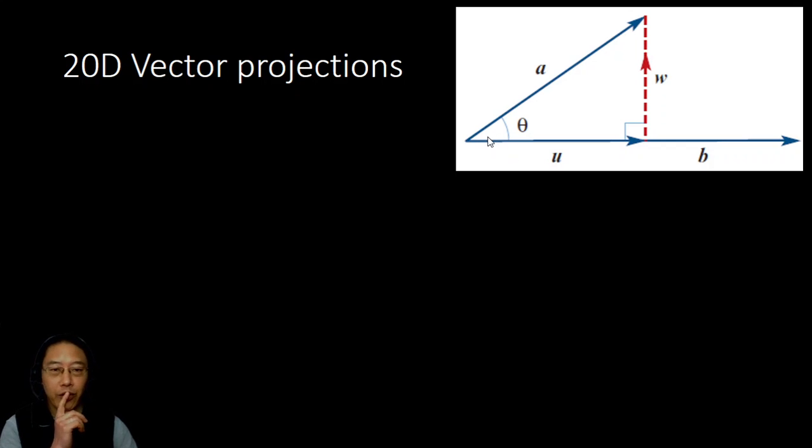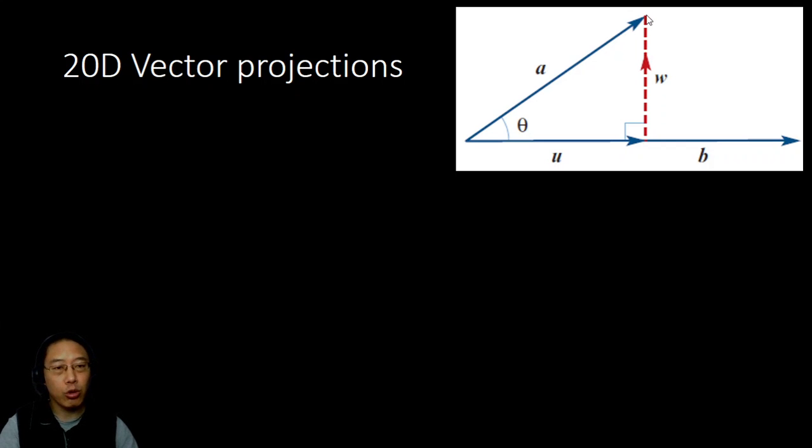To do a projection, you need to draw a right angle triangle. So you have your vector A here, and you have a vector B here, which is horizontal. You will have to manipulate your drawing to make the vector you want to project onto horizontal, because it makes it easier to read.